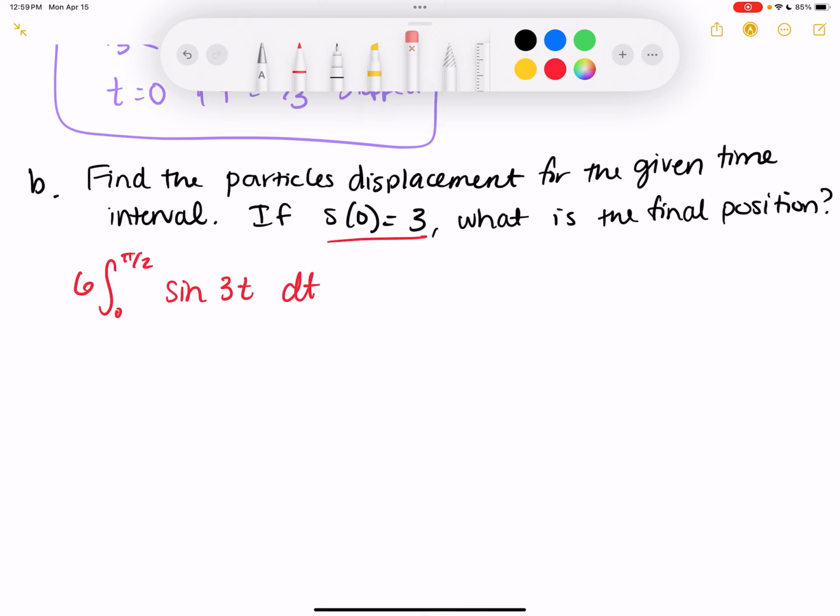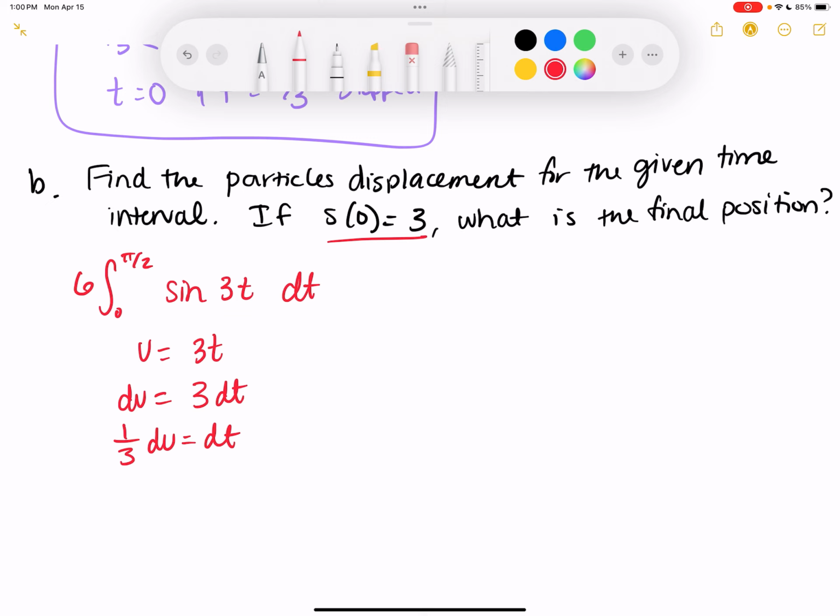I think it'd be 3t, so then what is du? 3 dt. Do I have a 3 in there? You do not. So what do I do? You can find that. So it'll be 1/3 du equals dt. Yes.